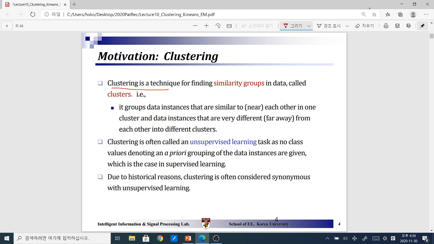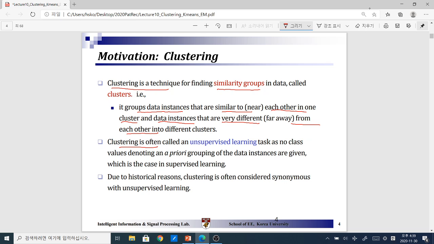Essentially, clustering is a technique for finding the similarity groups in data. For instance, it tries to group the data instances that are similar to or near each other in one cluster, as opposed to the data instances that are very different or far away from each other, which go into different clusters.